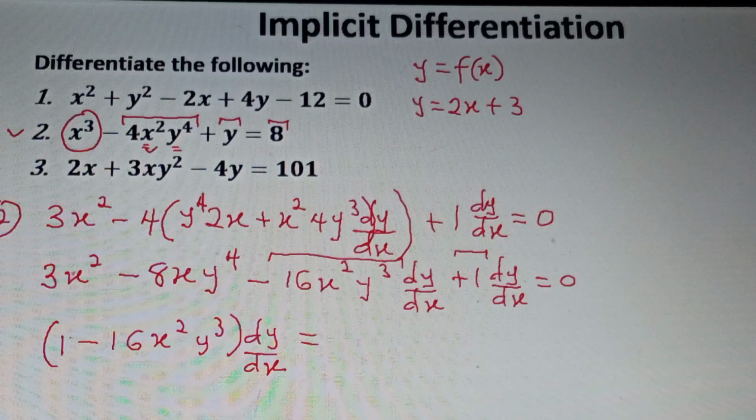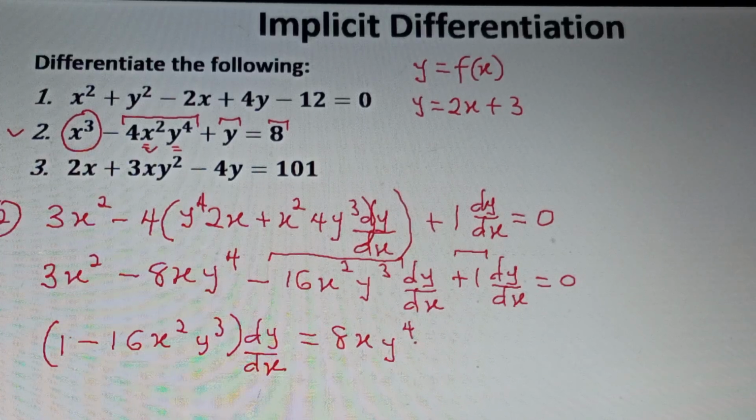Then I'm moving these ones that don't have the dy/dx to the right hand side. I'll begin with minus 8xy to the power of 4. That will give me 8xy to the power of 4. And then I'll move 3x squared to the other side. That will give me minus 3x squared. And then I'm done.